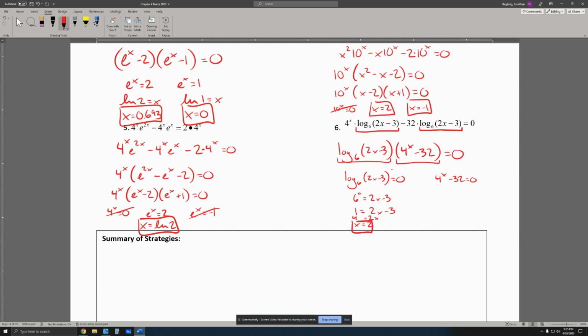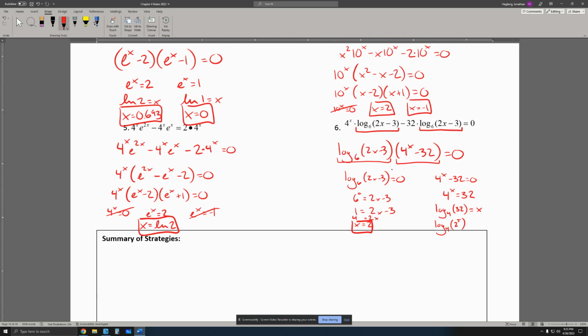For the other equation, add 32. We get 4 to the x is equal to 32. Or rewriting this, log base 4 of 32 is equal to x. Let's see, rewriting 32 as a power of 2, this would be 2 to the 5th.